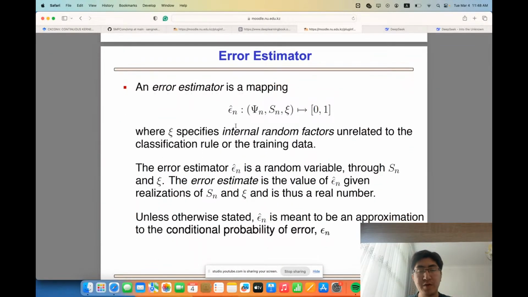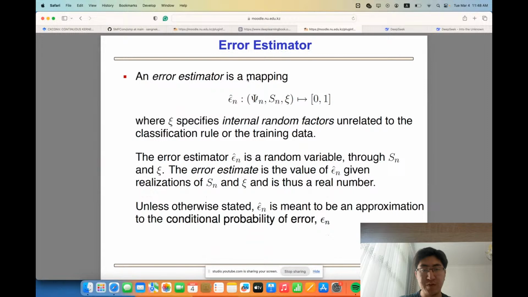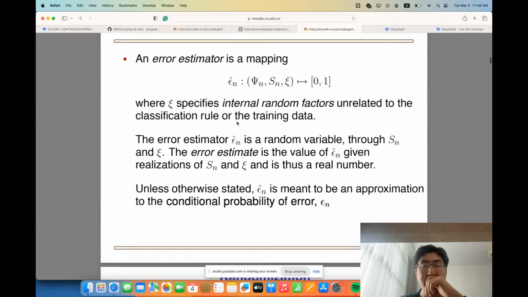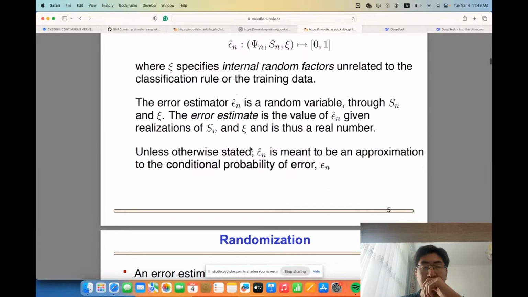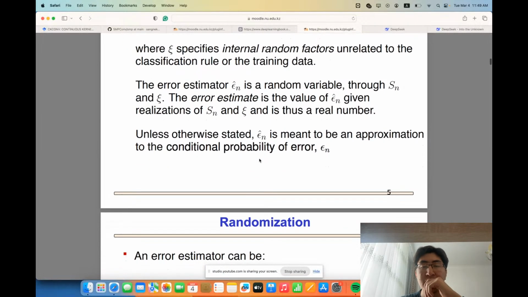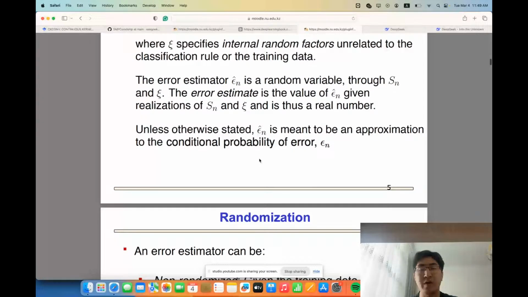An error estimator is a mapping which specifies internal random factors unrelated to the classification rule on the training data. The error estimator is a random variable, and the error estimate is the value of it given a realization of Sn, a real number. Unless otherwise stated, it is meant to be an approximation to the conditional probability of error.